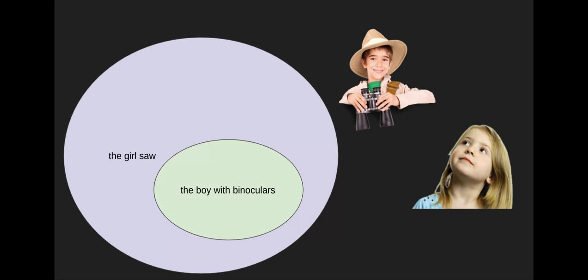So now we've got this thing, the girl saw the boy with binoculars. Notice that's really different from the structure that we created earlier, and it corresponds to this difference in meaning. Now we've got a sentence that means, oh, the girl saw a boy, and that boy was the kind of boy that's with binoculars.